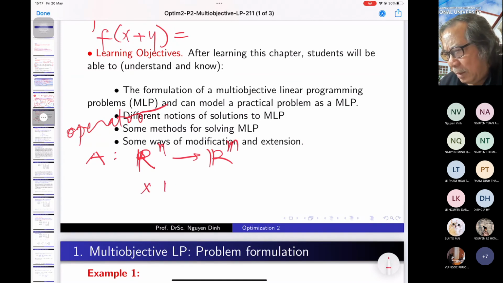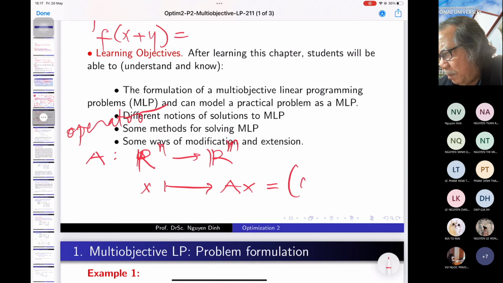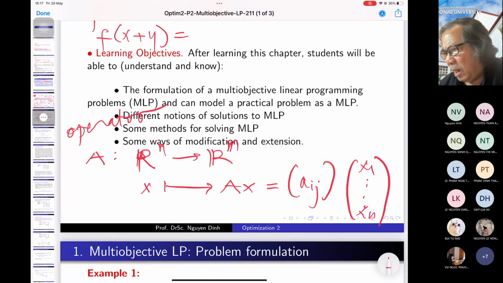So x in Rn gives you Ax. Is that okay? And what is A? A is a matrix. Because x is in Rn, here is x1, ..., xn. And A is an m by n matrix. This is the form of linear.